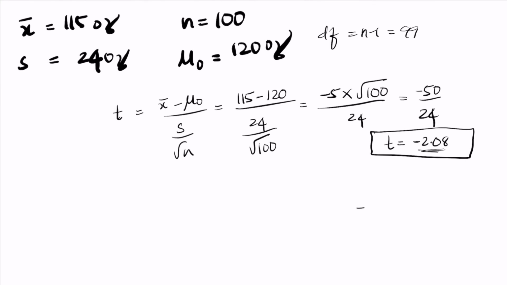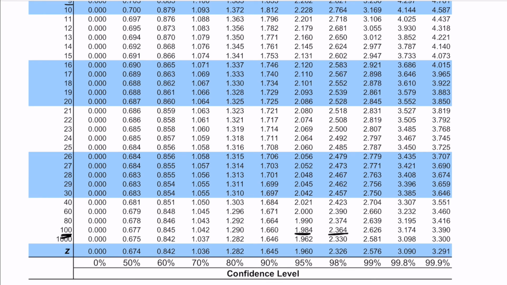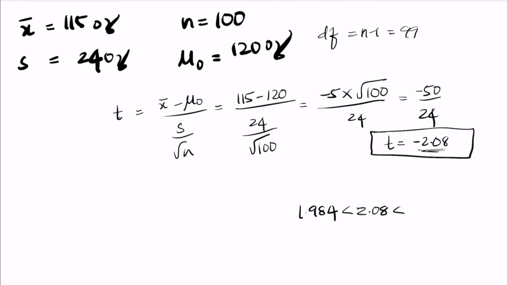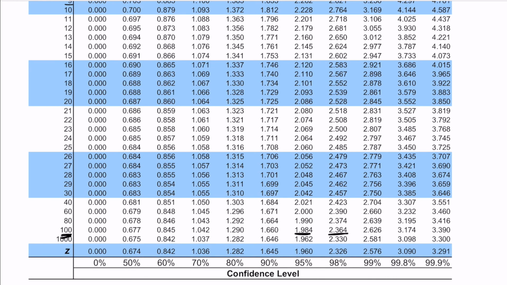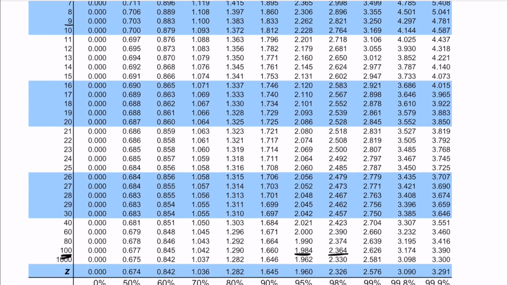So 2.08 can be fit between 1.984 and 2.364. Now for each of these two values, write down p here. For 1.984, find out the probability.